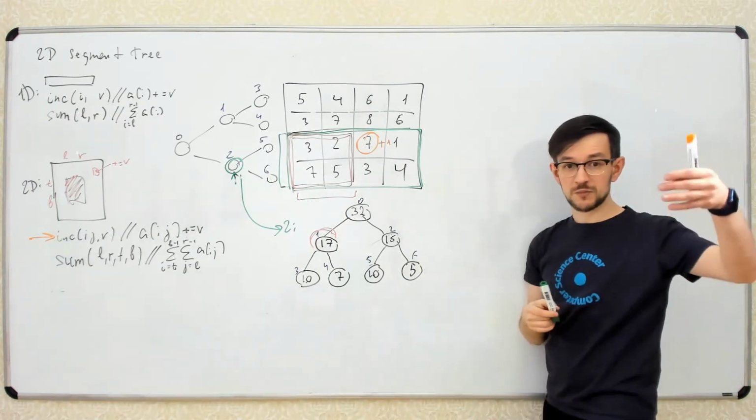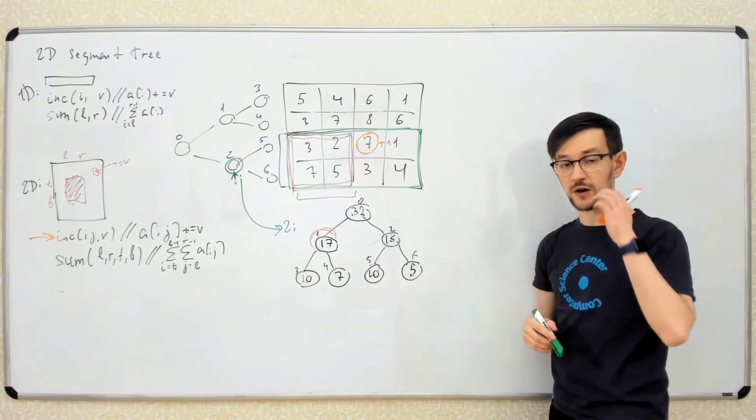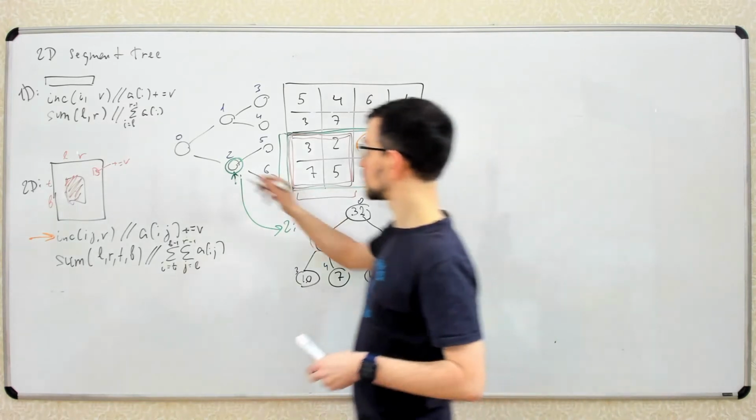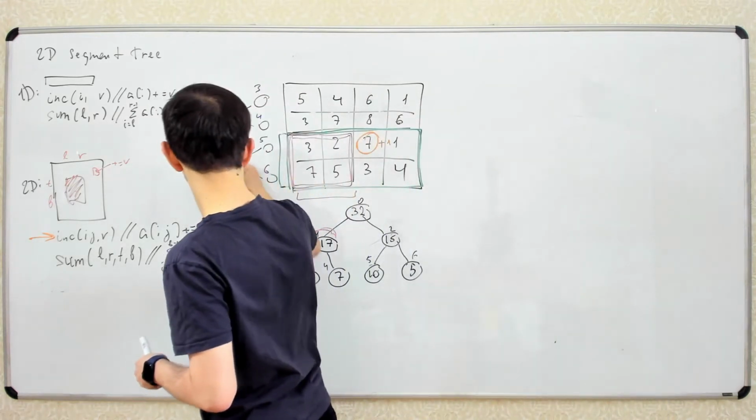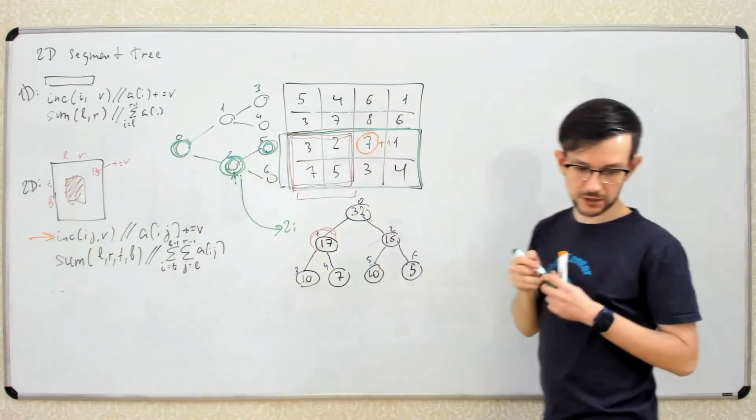Very simple. You just make the same operation as you make in the regular segment tree. So you start from the root and find all these nodes on the path from the root to this element.